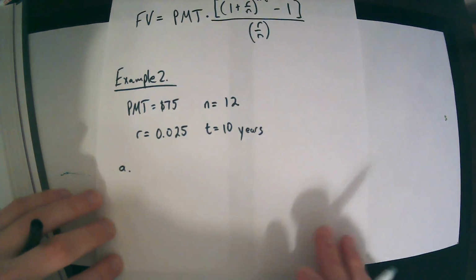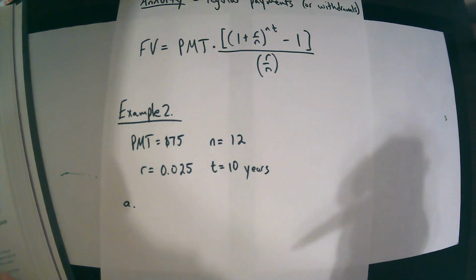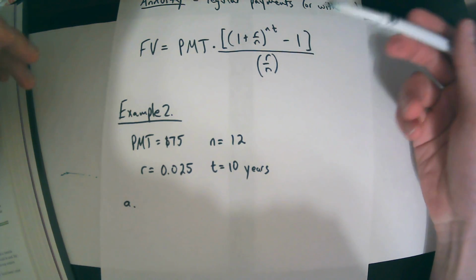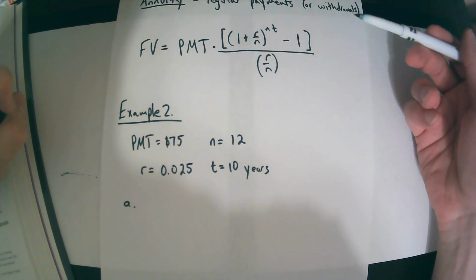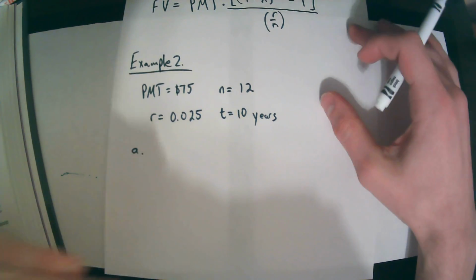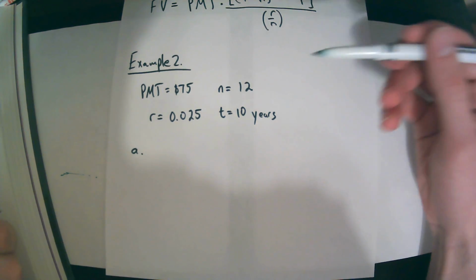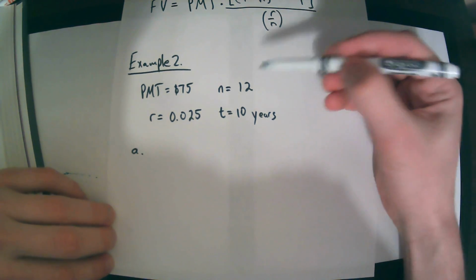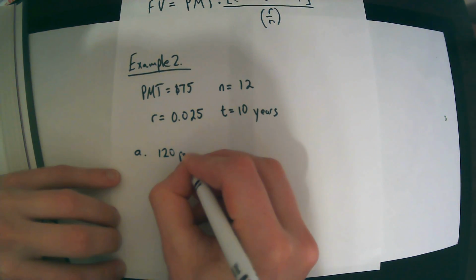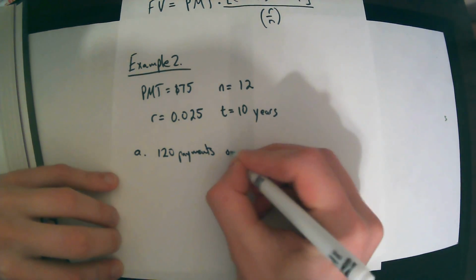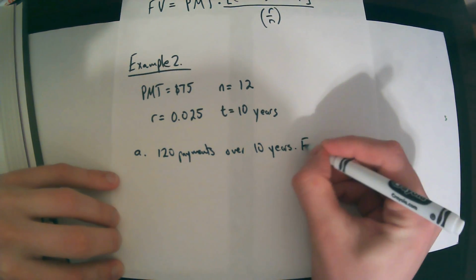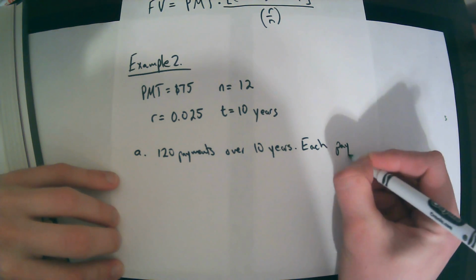Now, the first question is not asking for the future value. It's asking for how much money he's putting into the account over 10 years, not how much money will be in the account. There should be more than what he's putting in, right? That's the point of an interest-bearing savings account. But they're just straight up asking for how much money he will put in after 10 years. Well, how many payments will he make? He's making 12 per year for 10 years, so he'll make 120 payments over 10 years. Each payment is $75, so hopefully you're seeing what we should do there.